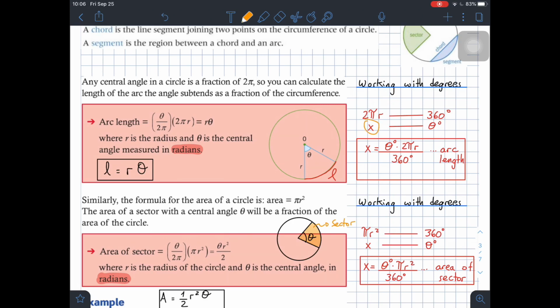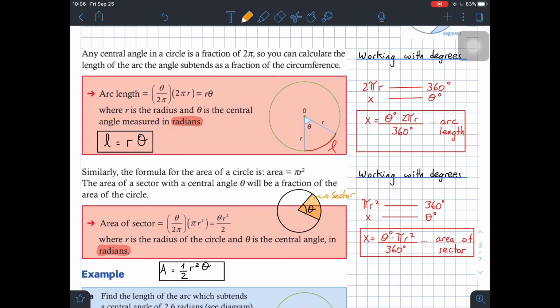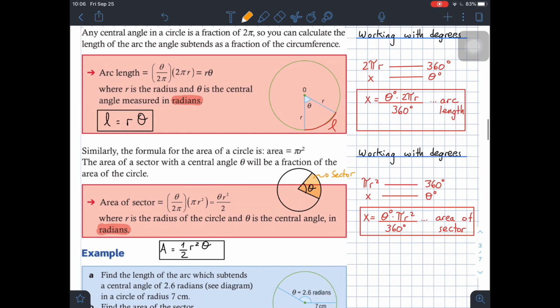If I'm looking for the length of an arc at an angle theta, then I do the proportion: the angle times 2 pi r divided by 360. And that's what you have here. So x, the length of an arc, is theta times 2 pi r divided by 360. This is if you want to work with degrees. But normally you would work with the other formula, and always remember the angle should be in radians if you're using it.